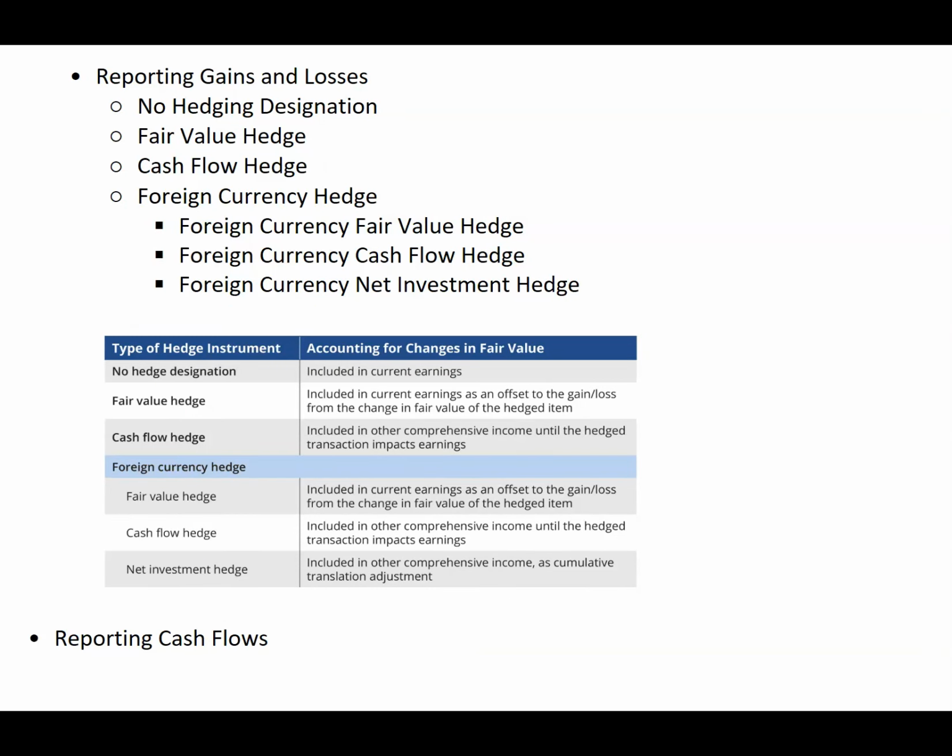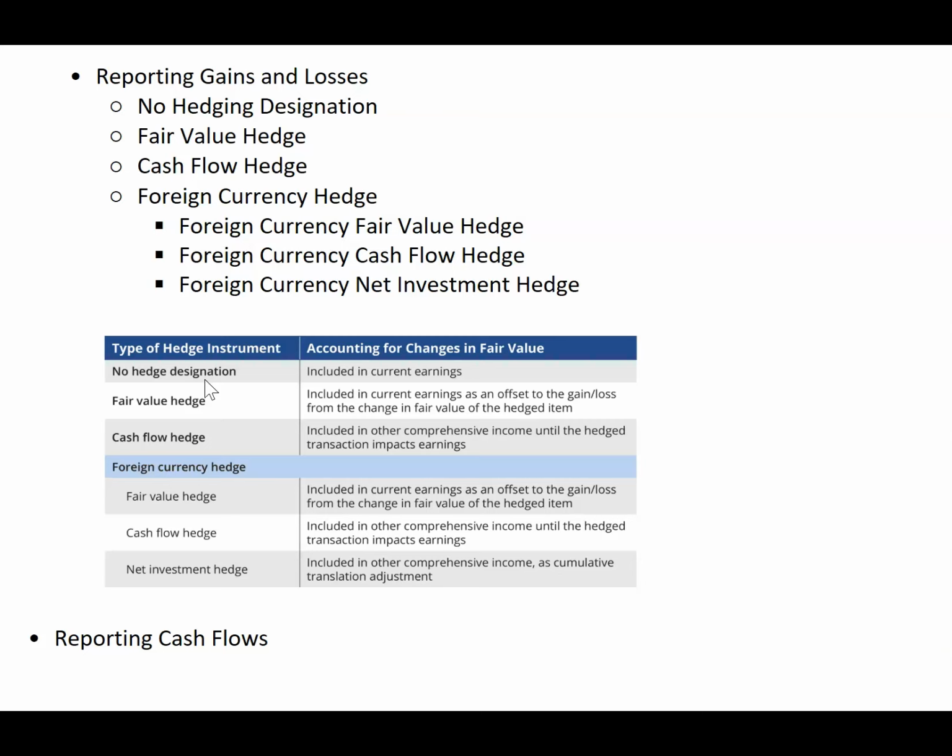For reporting gains or losses, the CPA book actually uses this table. This table is really very beautiful and summarizes everything. So remember, there are different reasons why a company invests in derivatives. If the reason is not to hedge, just to invest some money in call or put options in anticipation of the stock price going up or down, this is how the company can make money.